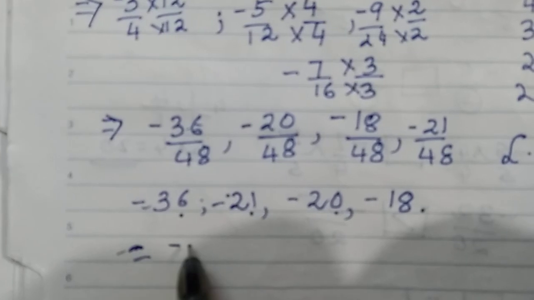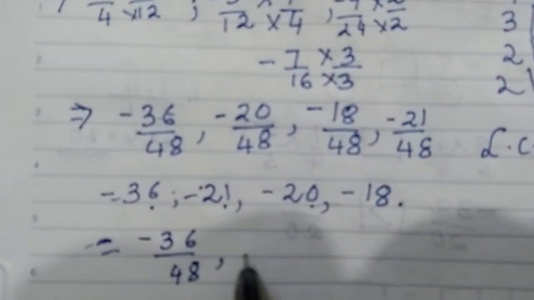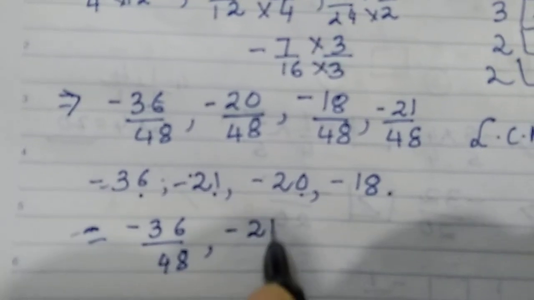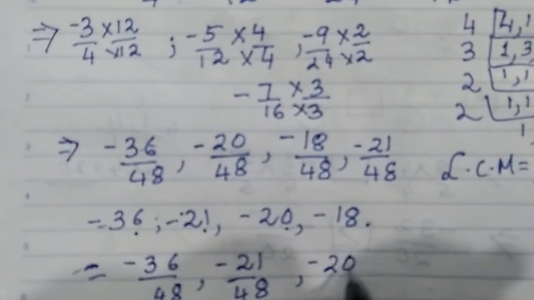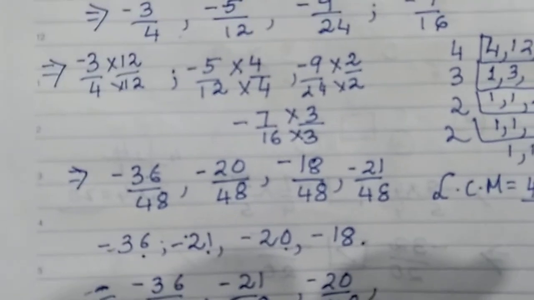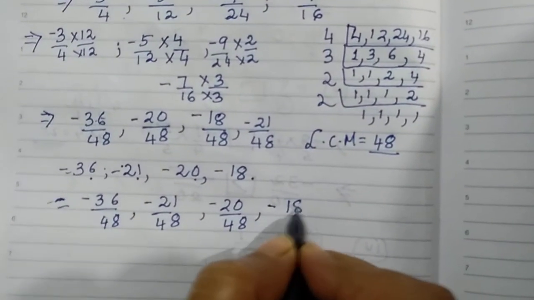So if I arrange them in ascending order, it will be minus 36 by 48, minus 21 by 48, minus 20 by 48, and minus 18 by 48.